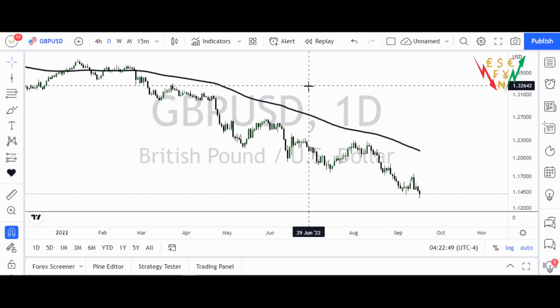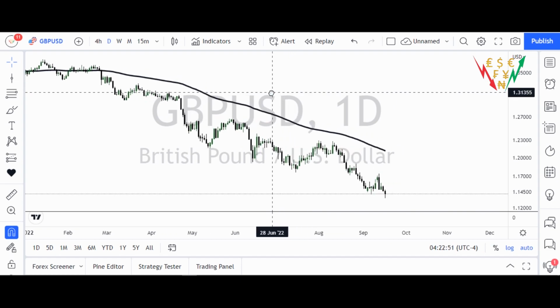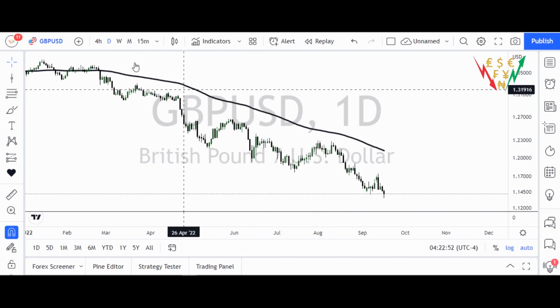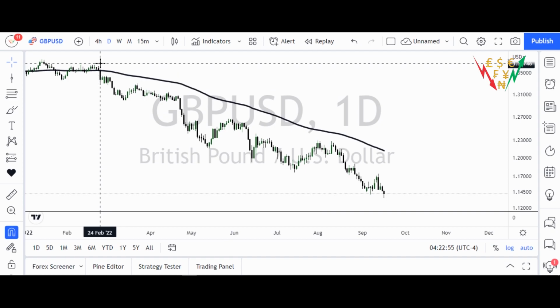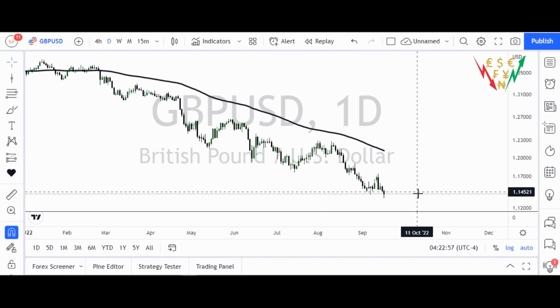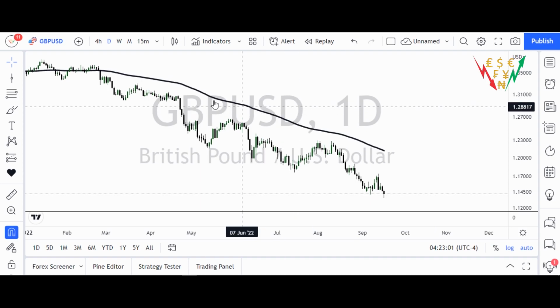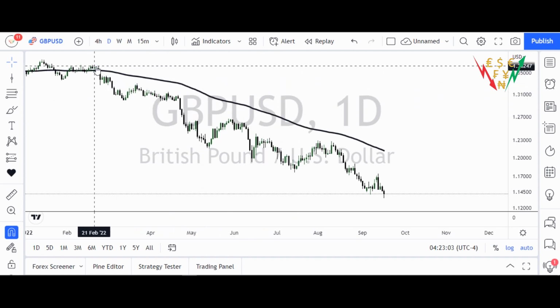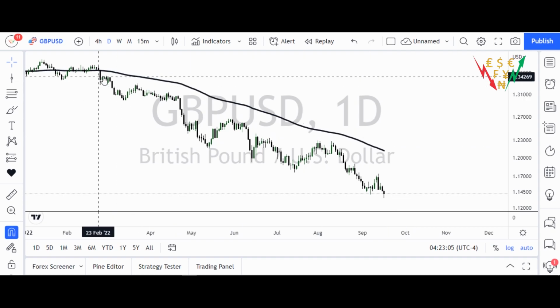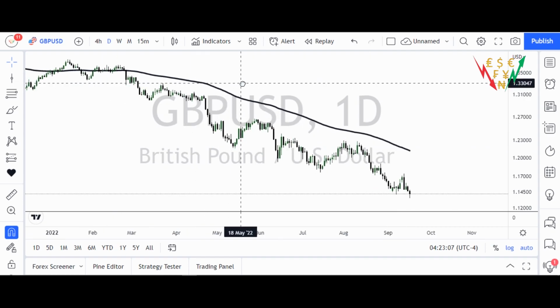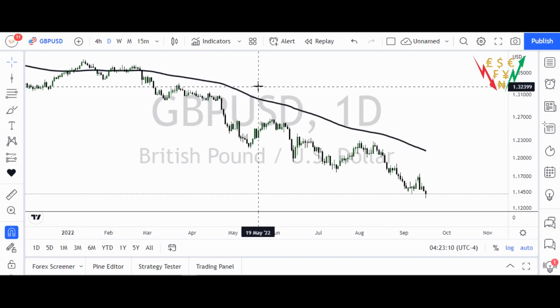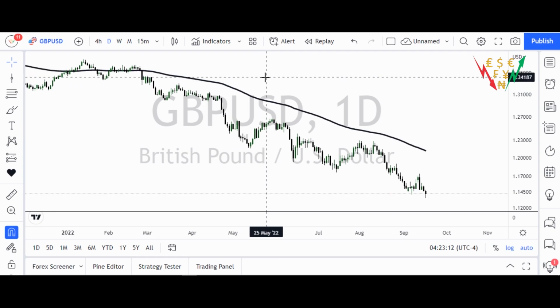So first, we're on the pound USD, guys, and if you're looking at the chart technically, you can see that the pound USD is on a downtrend on the daily time frame, owing to the fact that it's trading below the moving average. Remember, guys, we shared how we use the moving average in our analysis for a swing time perspective.